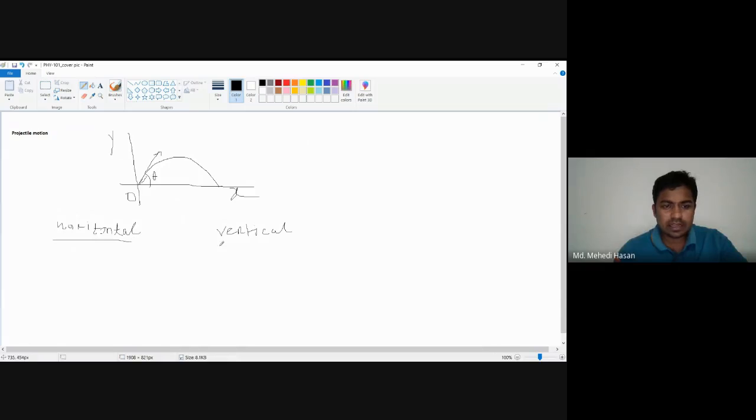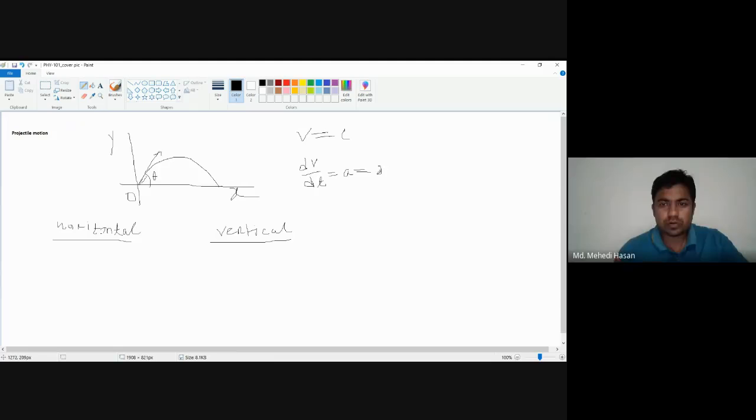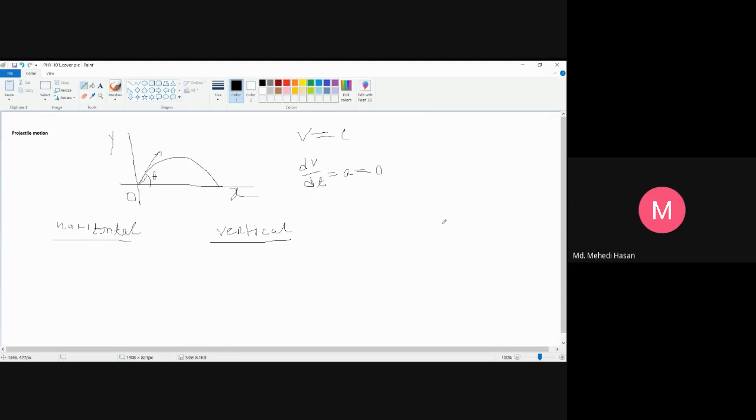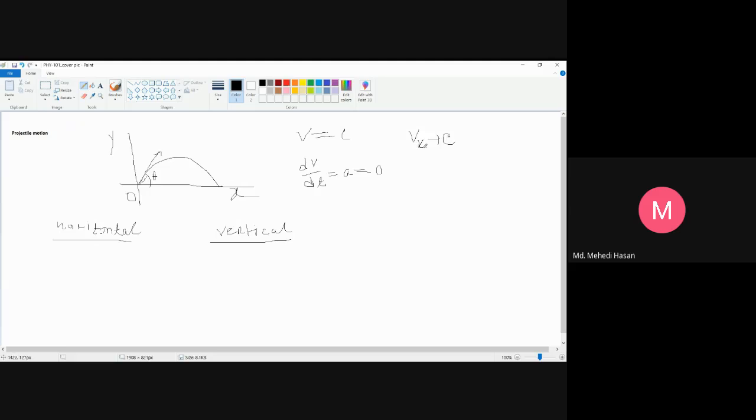Now, we know that the differentiation of velocity with respect to time gives the acceleration, and if the velocity is constant, then acceleration will be zero. In projectile motion, the velocity in the horizontal plane remains constant. So vx is constant, where x represents the horizontal component, and vy is not constant.